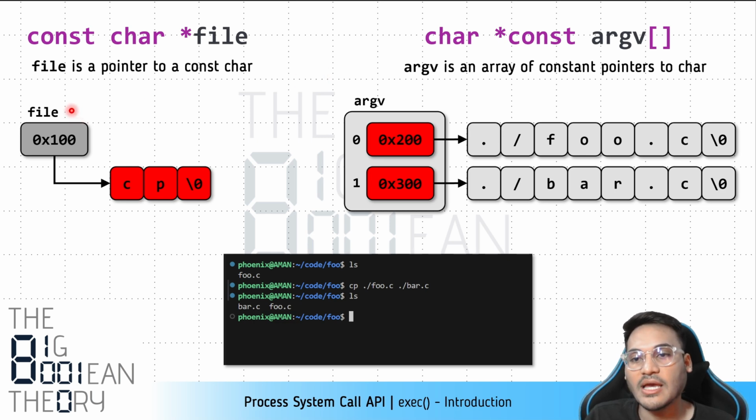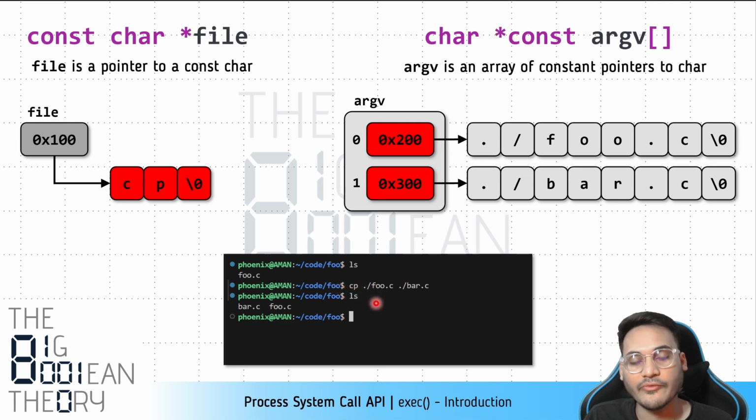So this is how the file variable looks. This is a pointer, and as you can see, it is storing an address. Let's assume that at address 100 we have a character, and this character is a const character. This is basically a C style string, a character array, and it stores the name of the file, the name of the command, which is the cp command.